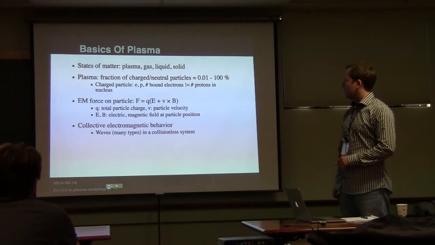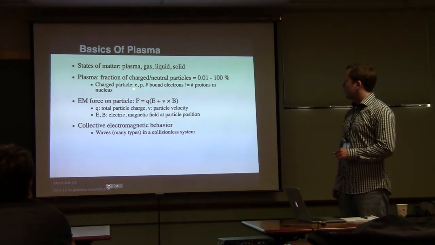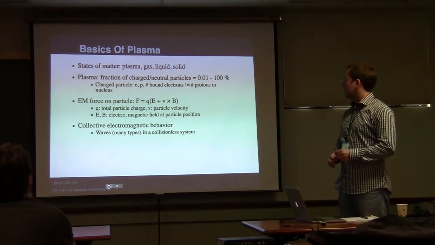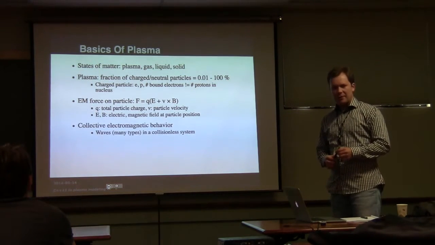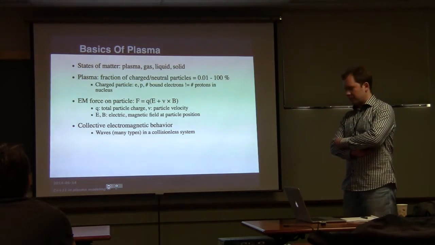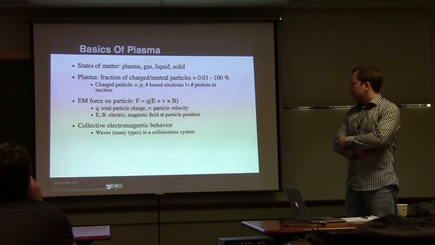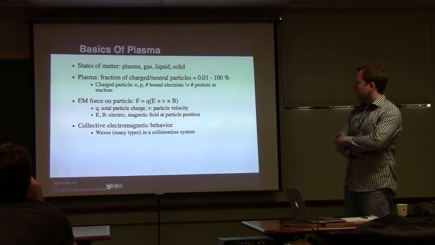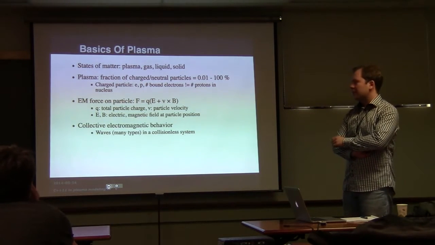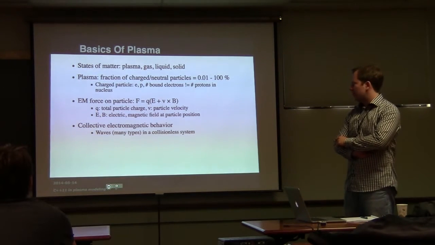A charged particle is for example an electron or a proton, or an atom with a different number of bound electrons than the number of protons in its nucleus. What makes plasma different from other matter is the electromagnetic force, which affects charged particles, and neutral particles don't feel it, or feel it to a much smaller extent.